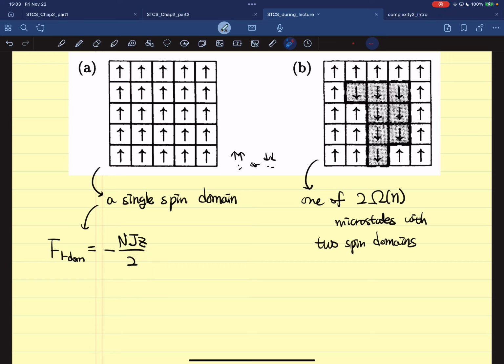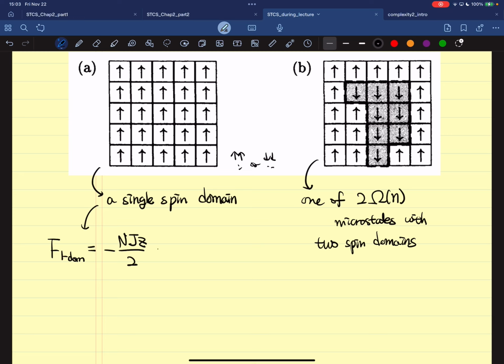That's because for each spin, we have these 4 interactions, but each interaction is also provided by this spin as well. So it's kind of a double summation, so we divide it by 2 here.